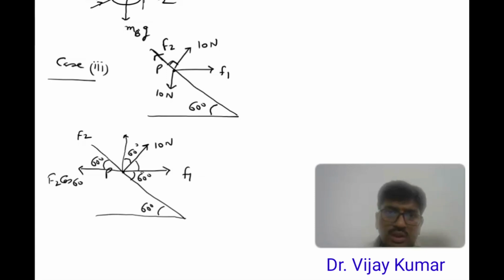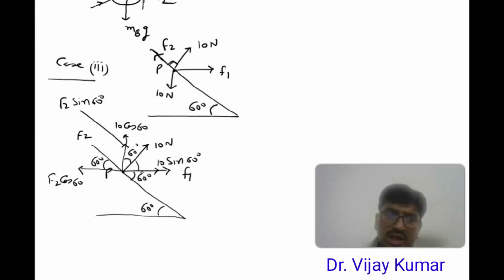So 10 Newton in this direction becomes 10 cos 60, and in this direction it becomes 10 sin 60. And similarly for F2, it is F2 cos 60, and in this direction it becomes F2 sin 60.